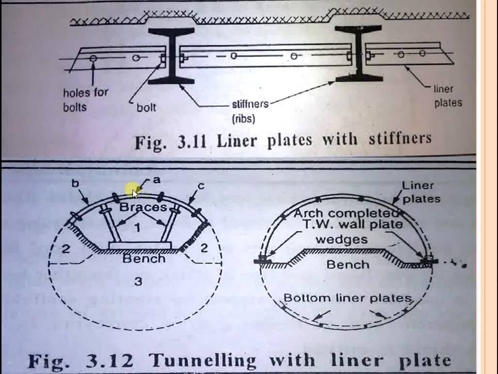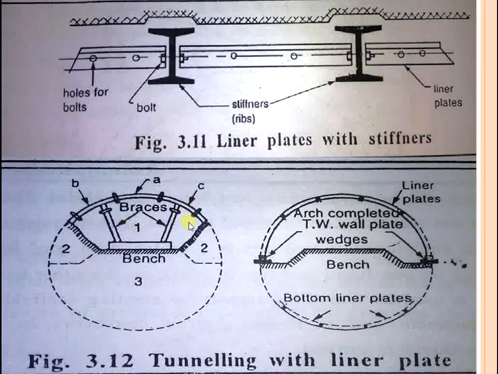Next we drive the side distance, that is B and C. After that the plate is inserted as tunnel lining. Then we support it with braces or vertical posts. Then we clear all the substrata and the lining is done.